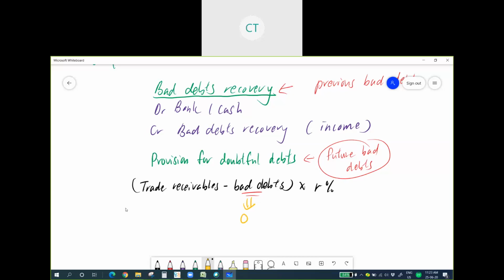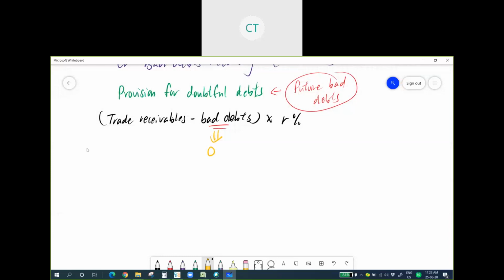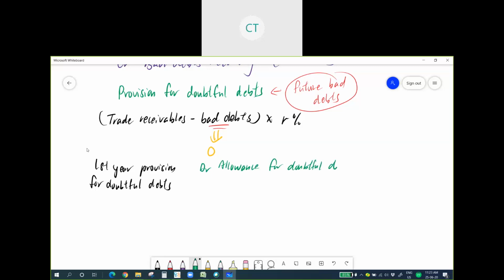So for the provision for doubtful debts, you have to do an analysis. Normally, if this is the first year provision for doubtful debts, the double entry is we debit allowance for doubtful debts, and then we credit provision for doubtful debts.